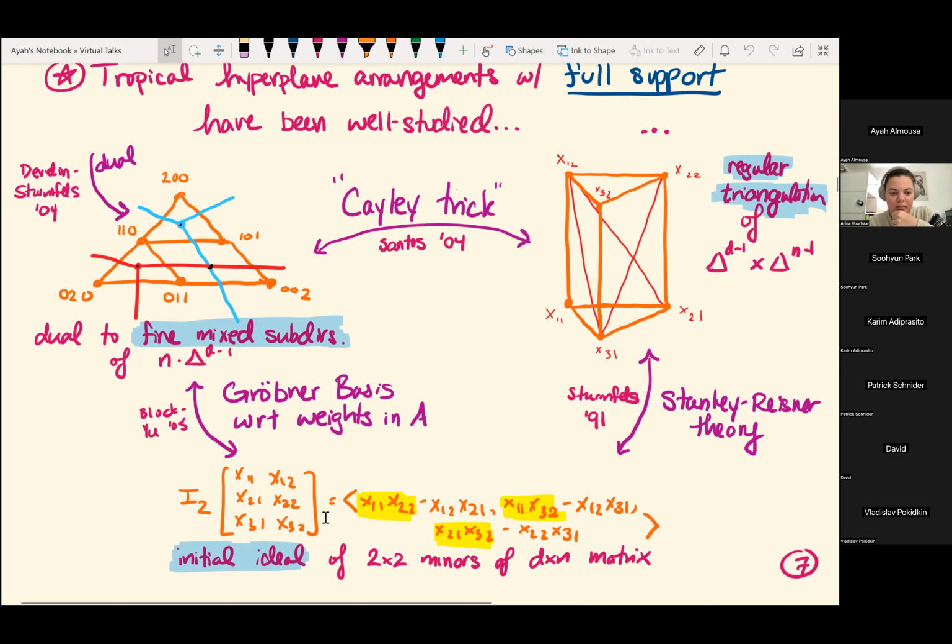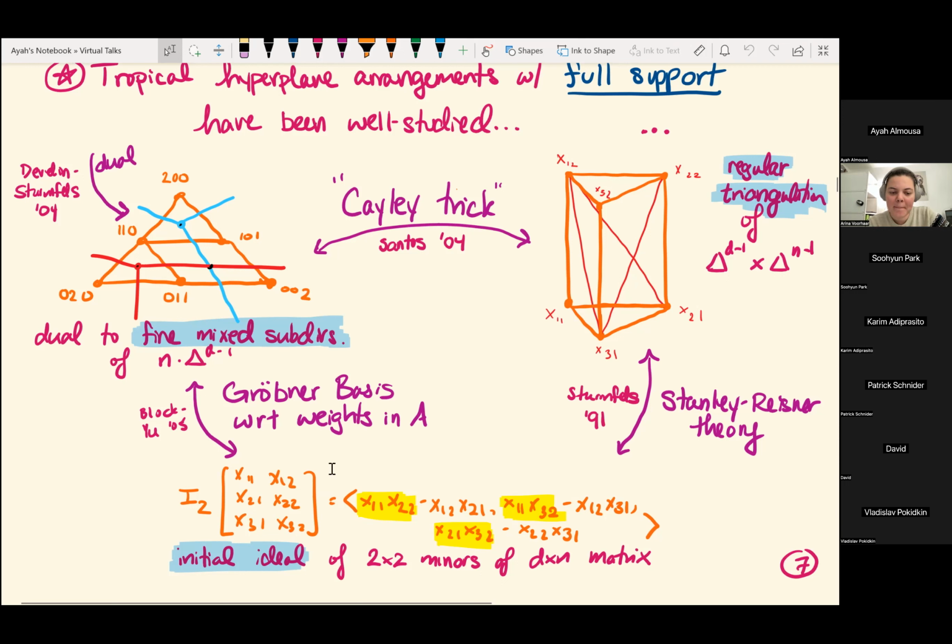Here D and N are going to be the dimensions of my tropical matrix. Actually, for this, I should have also written down what the tropical matrix was for this particular example. In turn, the initial ideal that you're picking corresponds to weights that are defined by your tropical matrix.